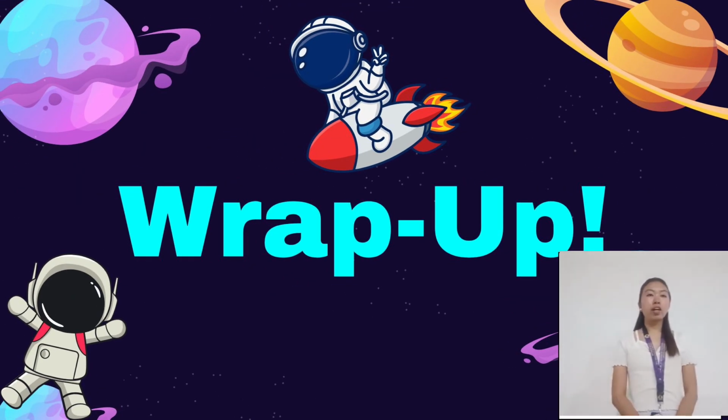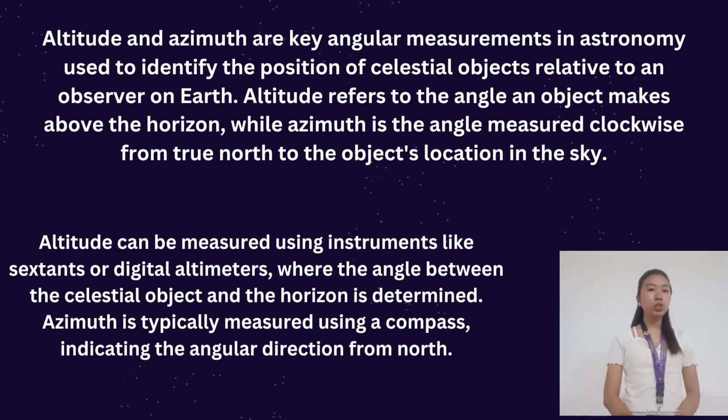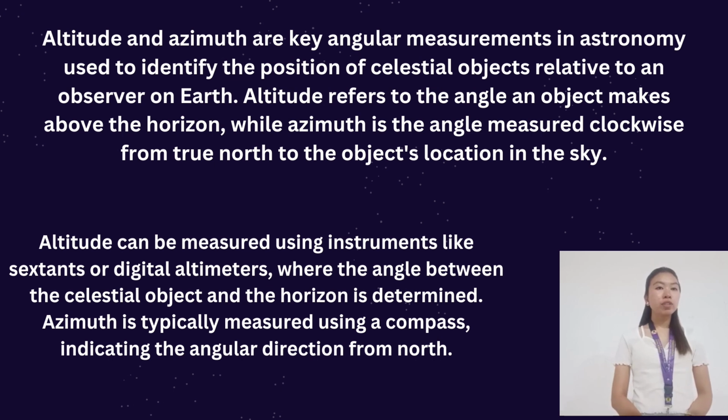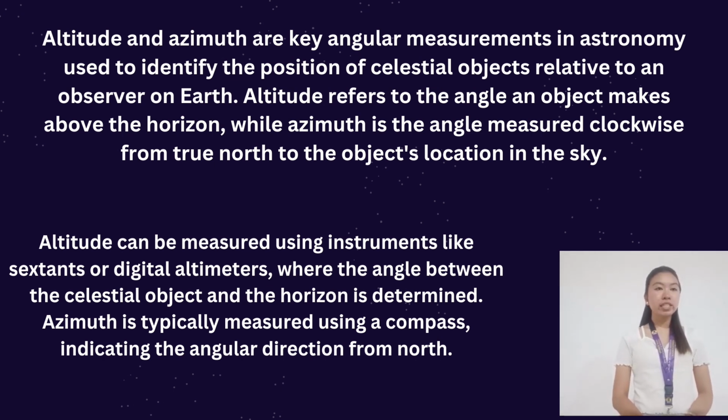So, let's proceed to our wrap-up. Altitude and azimuth are key angular measurements in astronomy used to identify the position of celestial objects relative to an observer on Earth. Altitude refers to the angle an object makes above the horizon, while azimuth is the angle measured clockwise from true north to the object's location in the sky. Altitude can be measured using instruments like sextants or digital altimeters, where the angle between the celestial object and the horizon is determined.